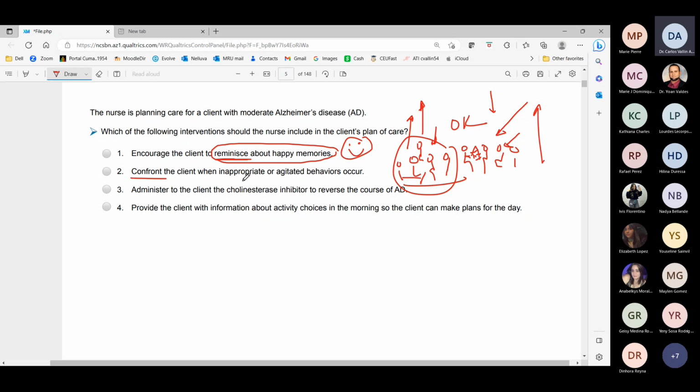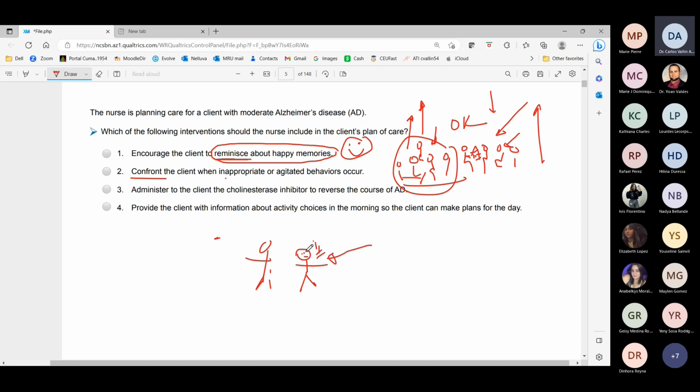Confrontation: decline when inappropriate or agitated behaviors occur. So when a client with Alzheimer's starts misbehaving, becoming aggressive because somebody changed the TV channel, what do you do?